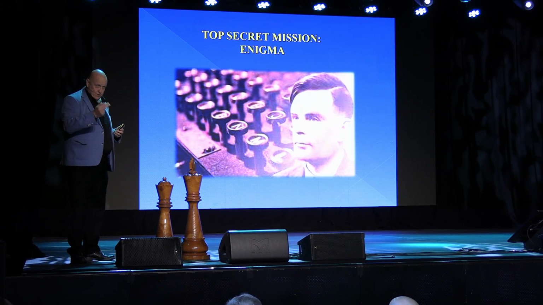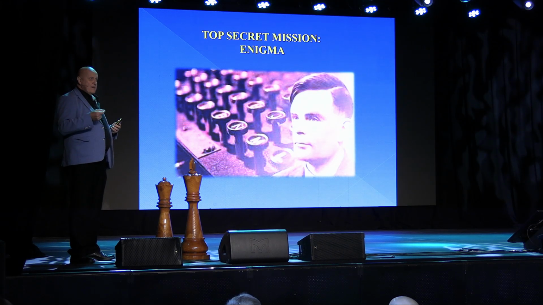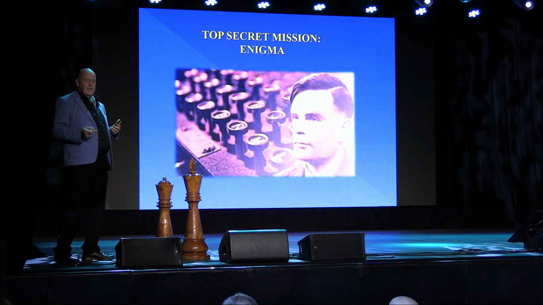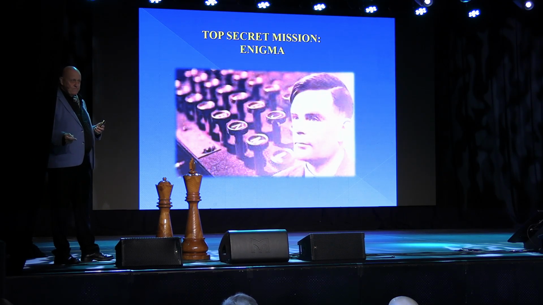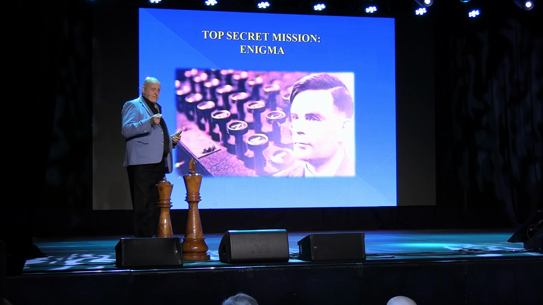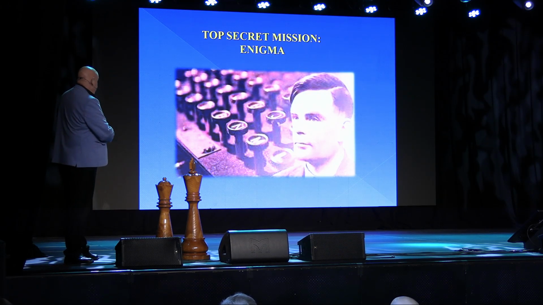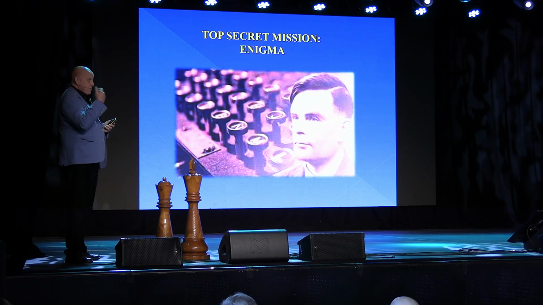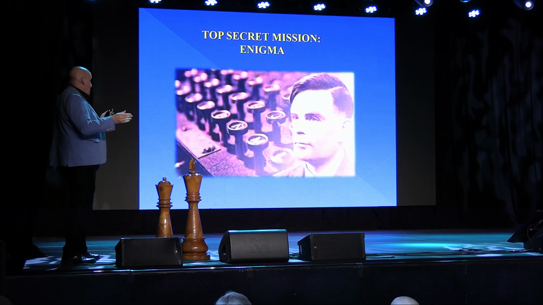The three strongest players of England were Golombek, Alexander, and Milner-Barry. The three of them had to fly back urgently to London to meet Alan Turing for a very secret task, which was to break the secret code of the Nazis for their communication.